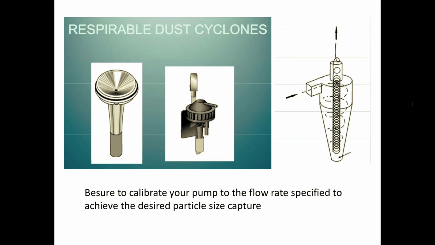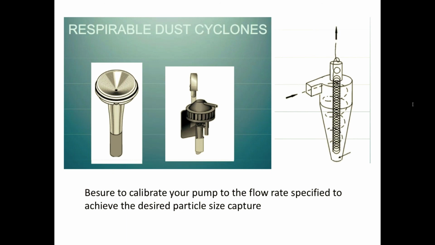Now, there are much more sophisticated versions of these. I'll talk about this at the very end. This is a personal modular impactor. The sample stream comes in through four holes in the front of this device.